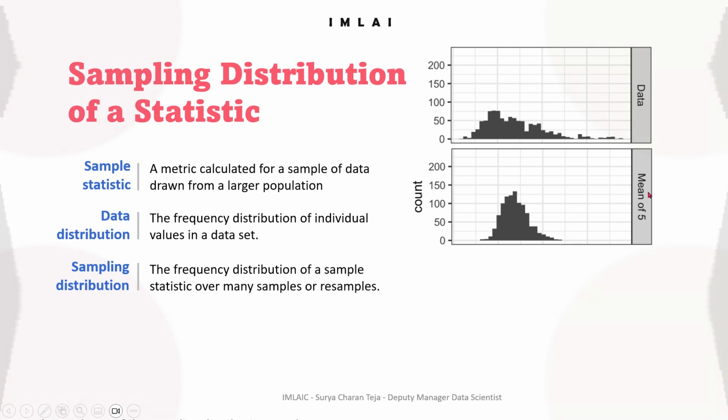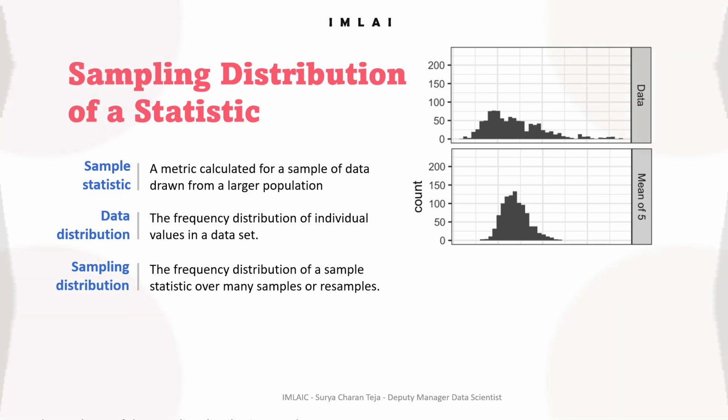So here is the mean of 5, meaning the sample size is 5. Here they have randomly taken the sample size. If it is the mean of 5, each sample should have a certain size, correct?